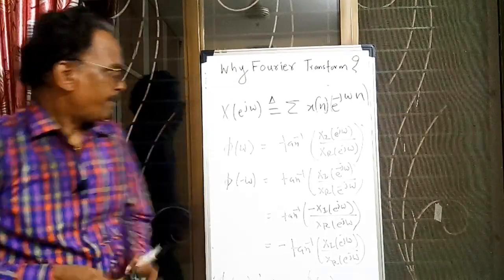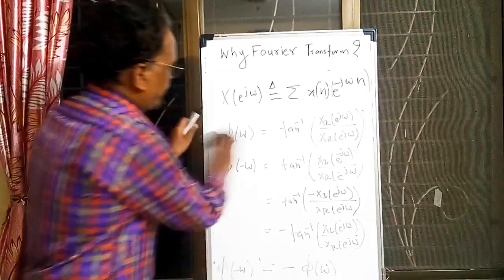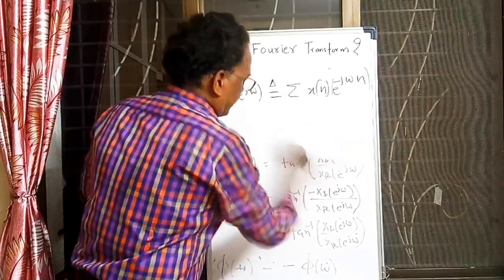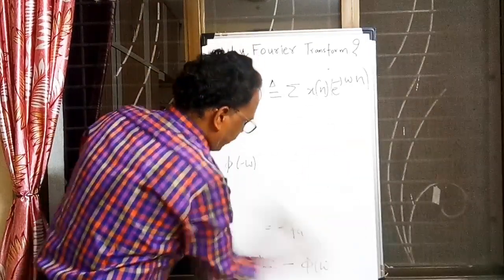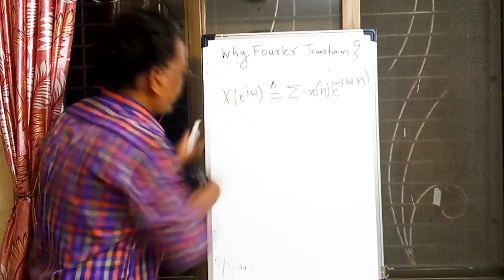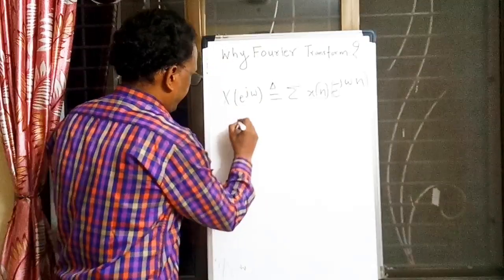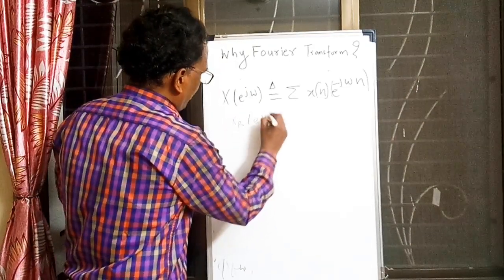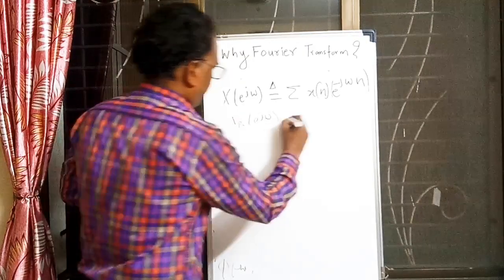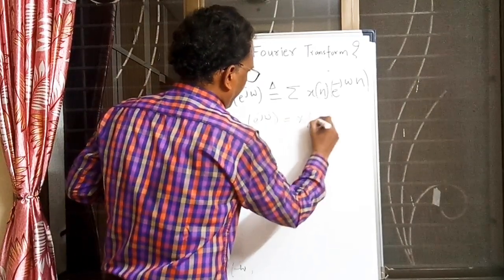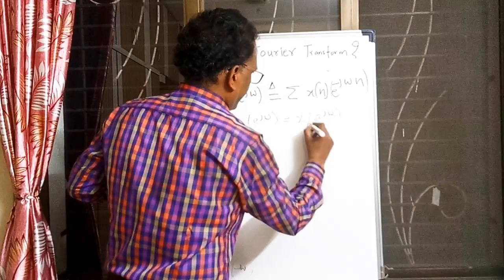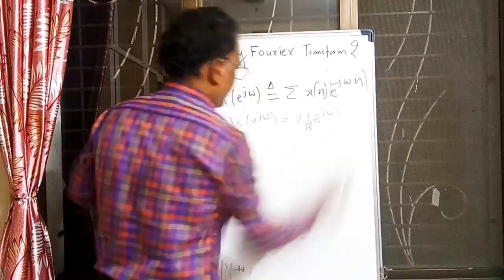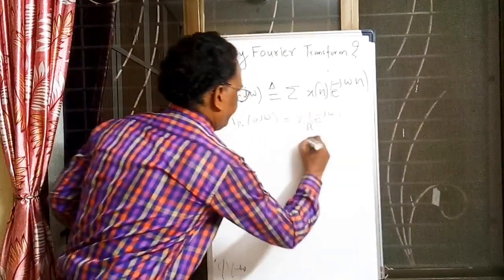Dear friends, up till now we have derived three things about x of omega. The first thing was the real part, xr e to the power j omega is equal to xr e to the power minus j omega. So the real part of the Fourier transform is always symmetric.